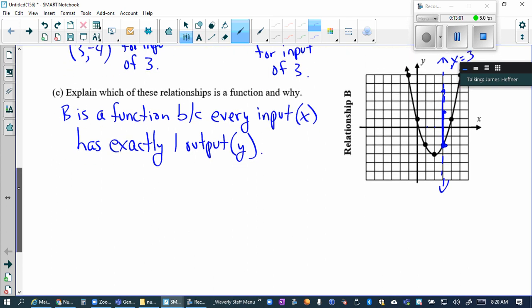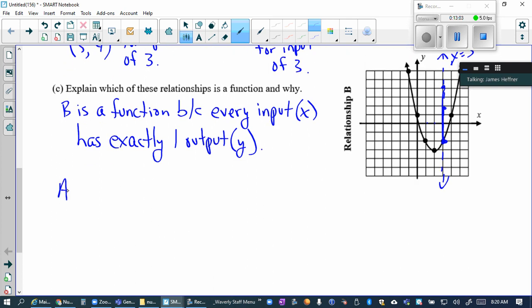Now A is not a function. Because why? It has 2 inputs? No, you can have a billion inputs. It's the other way, outputs, for the same input.